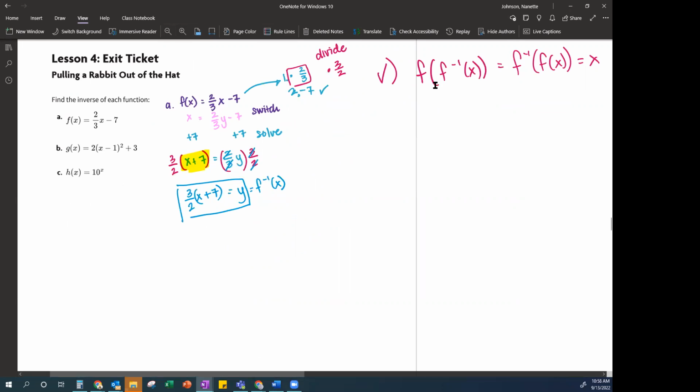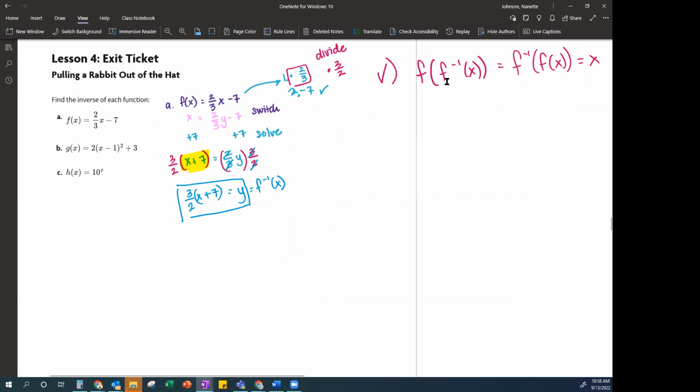I'm saying if I take f inverse and plug it into my function, I'm going to take this and plug it into that x, and then I'm going to do vice versa. I'm going to take this and plug it in here, and they should all equal x. You can't do one without the other to check if they're inverses of each other. Does that make sense?